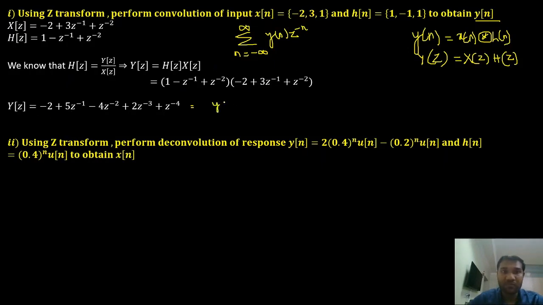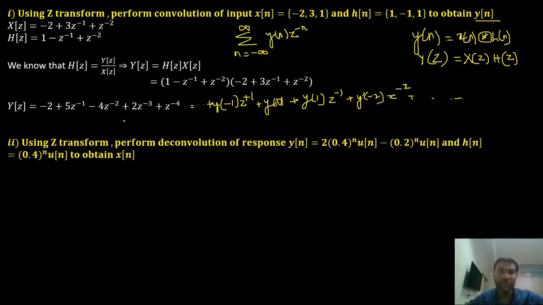Y of, let me say, minus 1 and so on from minus infinity, y of minus 1 z to the power plus 1, plus y of 0 plus y of 1 z inverse plus y of 2 z to the power minus 2 and so on. Right? It continues.